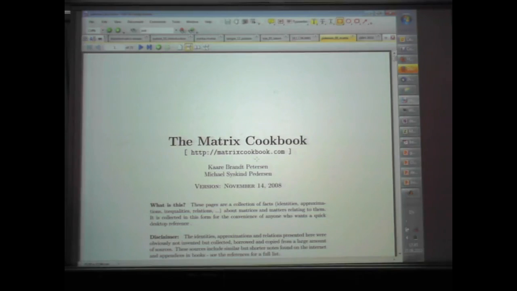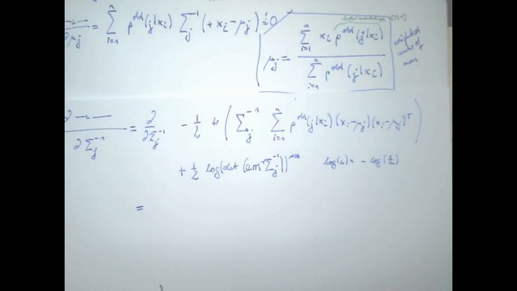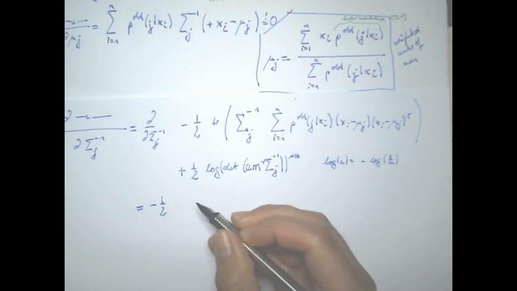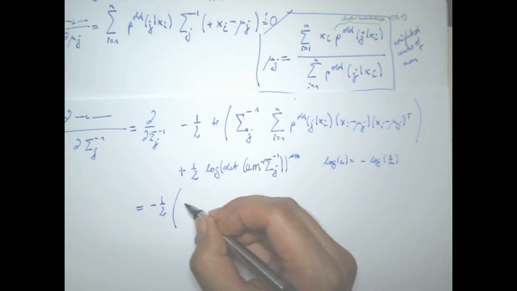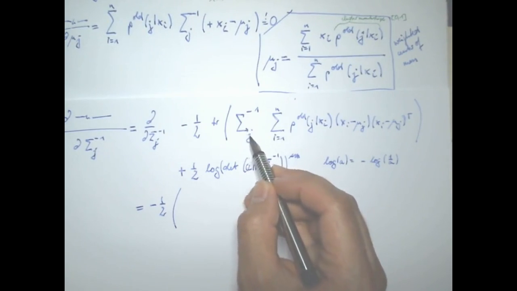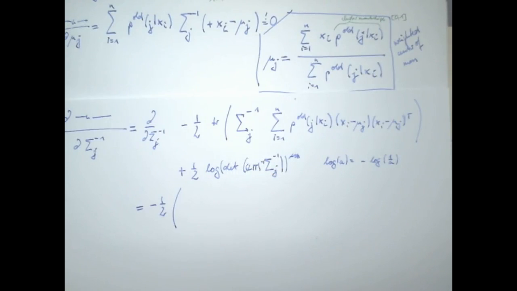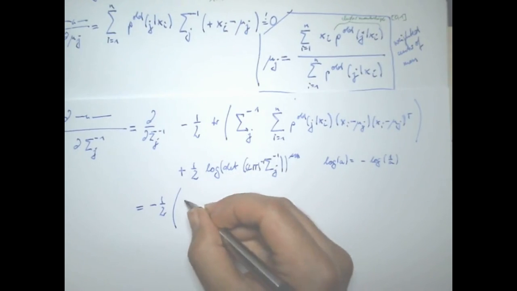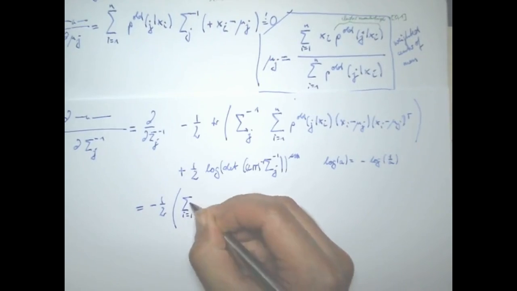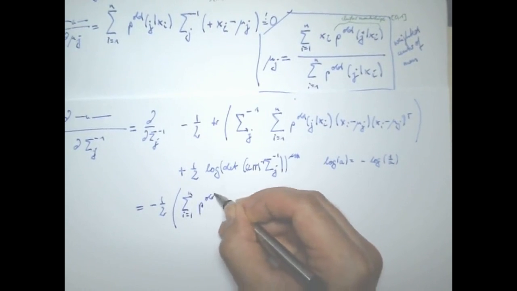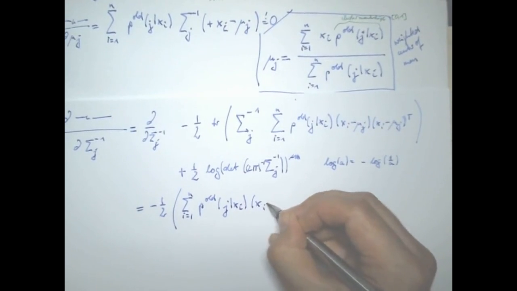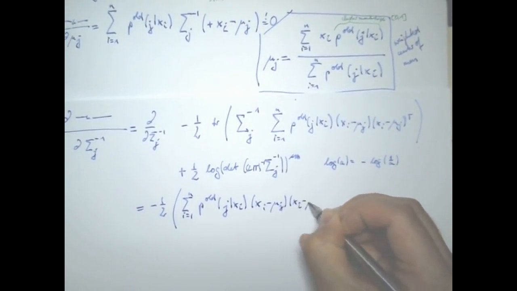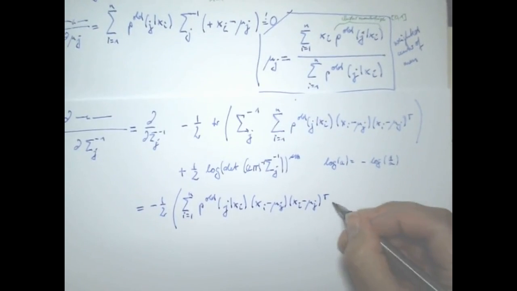Namely, could we go back, please? I will get minus 1/2 of, so now you see this was linear in sigma j to the -1, and the trace is very well behaved if you take the trace of a matrix and differentiate with respect to the matrix. So I get the following summation. Here comes the second term.